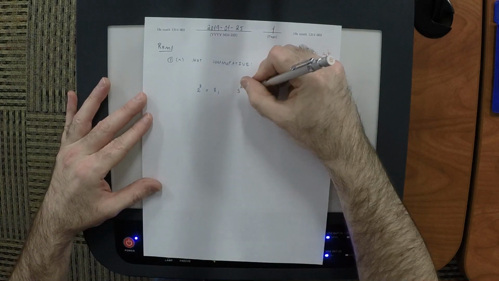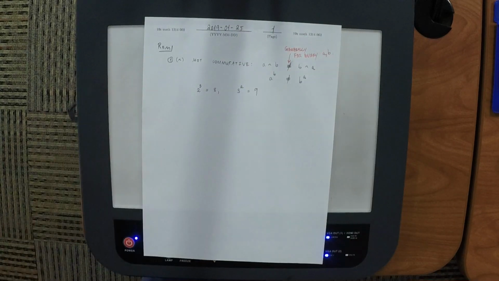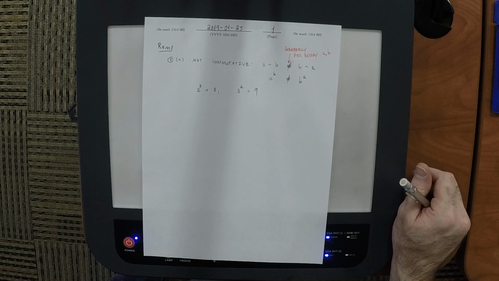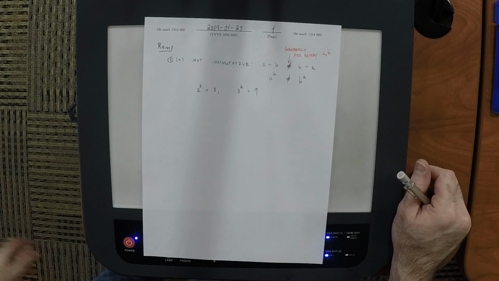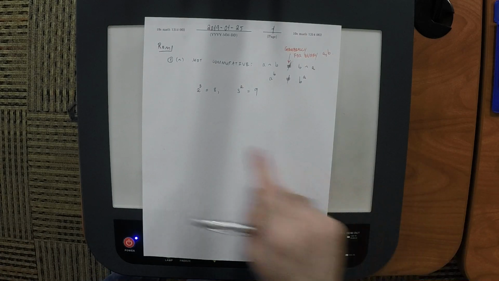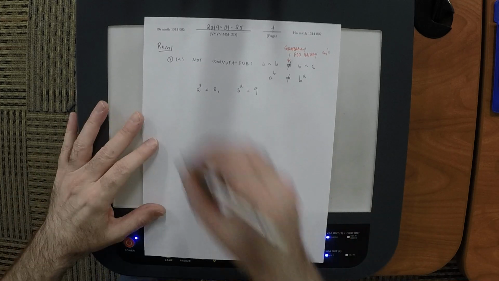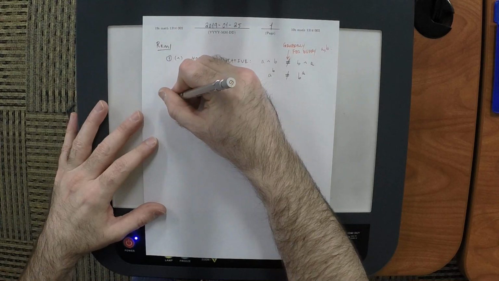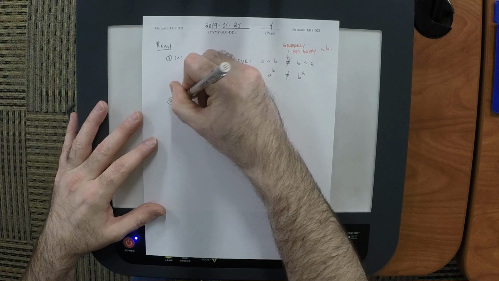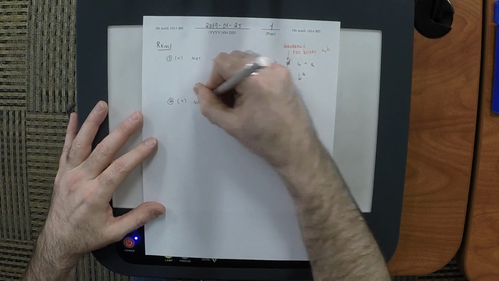That's 9. So it's not permitted that you can reverse them. Whereas 2 plus 3 is the same as 3 plus 2, and 2 multiply 3 is the same as 3 multiply 2. So exponent is not commutative, and also last time we discussed that exponent is not associative.